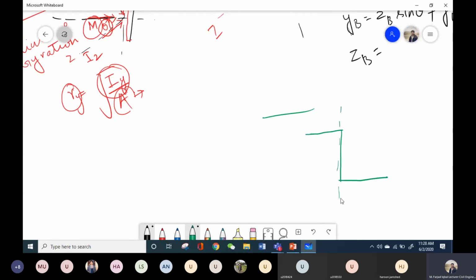So these are my centroidal axes. This is my point B, and this is the inclined axis. This distance is ZB. Okay, and this distance over here is ZB dash.